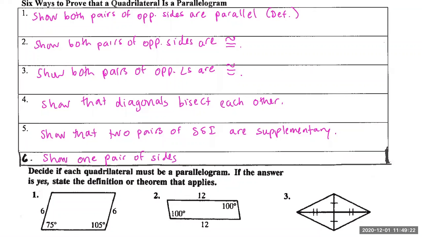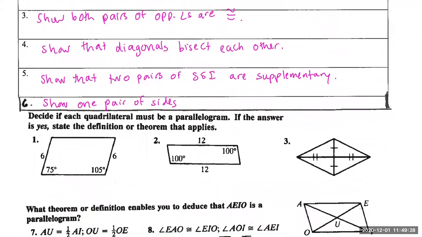Show that one pair of sides are both blank and blank. As you're writing this out, hopefully absorbing it and remembering it, it makes it so much easier if you already have this portion memorized. So good. The one pair needs two things to happen: congruent and parallel.